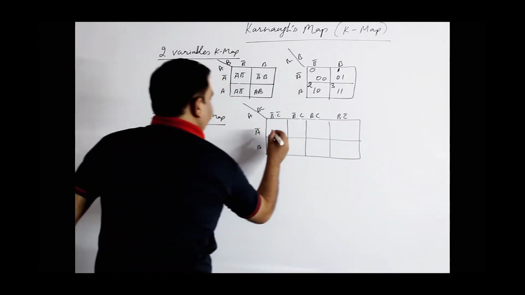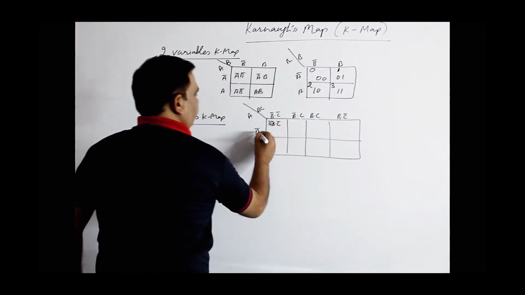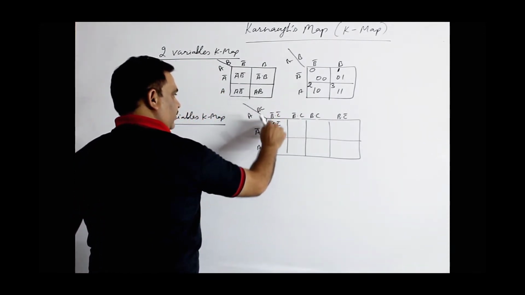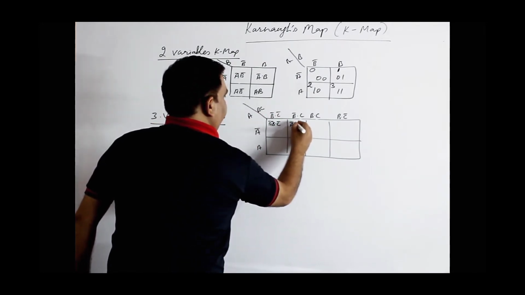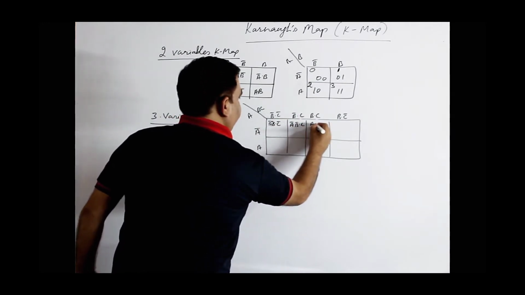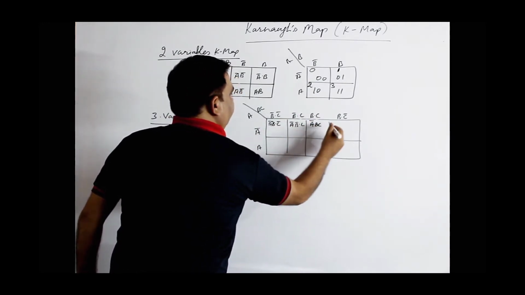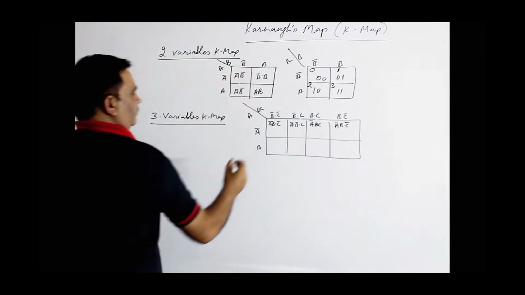Now, intersection. A complement, B complement, C complement. A complement from here, from there B complement, C complement. Same way here, A complement, B complement dot C; from here A complement, B C; and A complement B dot C complement.